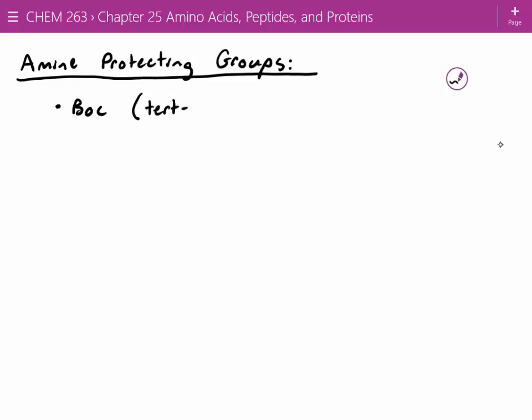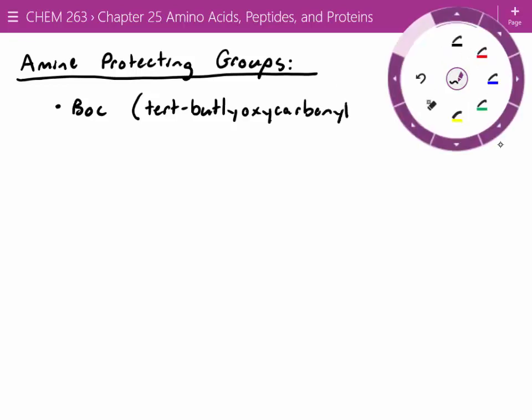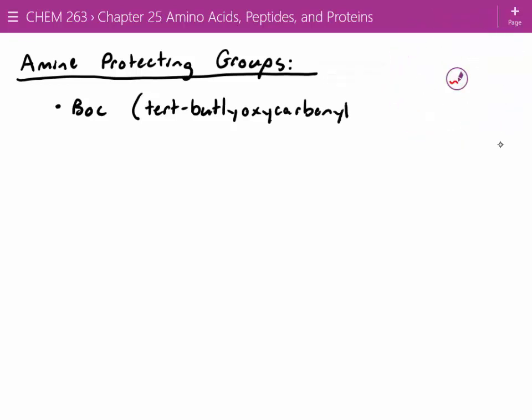tert-butoxy, tert-butyl oxy carbonyl. It should be butyl, not butoxy.